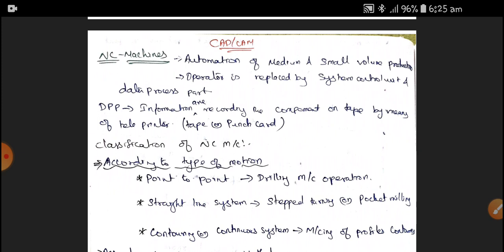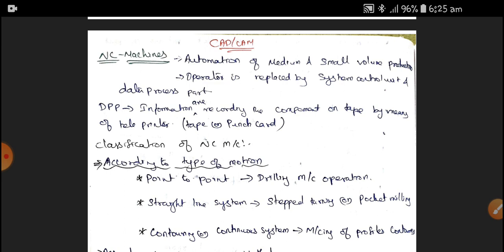The information on the component is recorded on tape by means of teleprint, tape or punch card. By means of a punch card, the instructions are given to the NC machine.